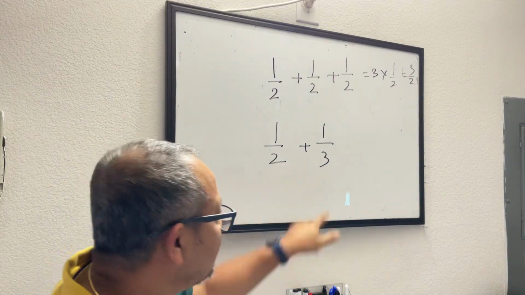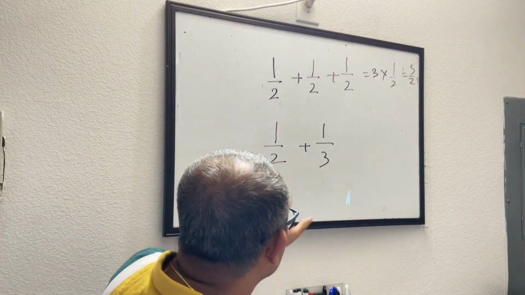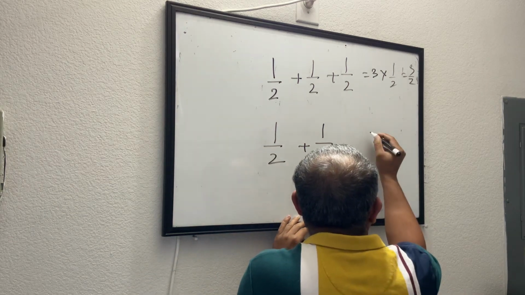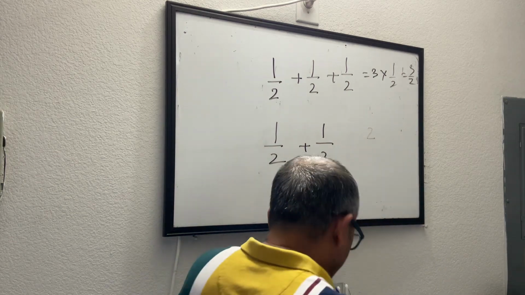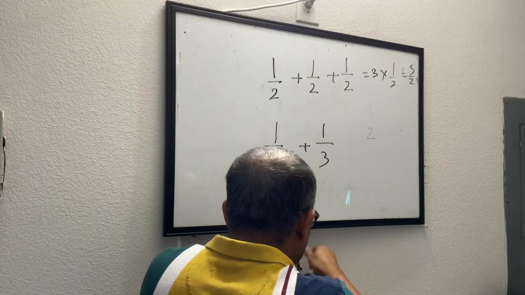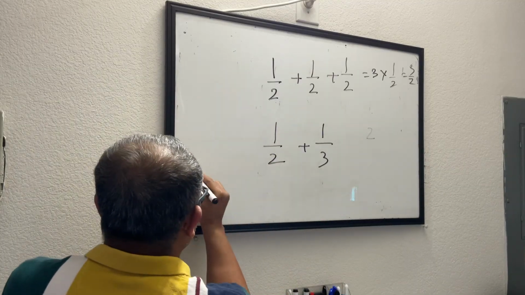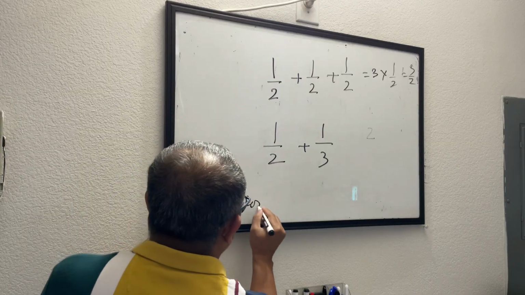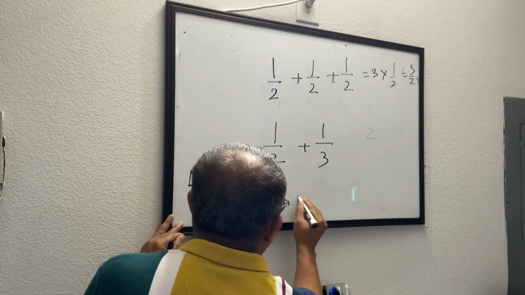So here, look at the denominators. When they are different, these two are not the same, right? So we have to find out the LCM, meaning least common multiplier. LCM stands for least common multiplier.